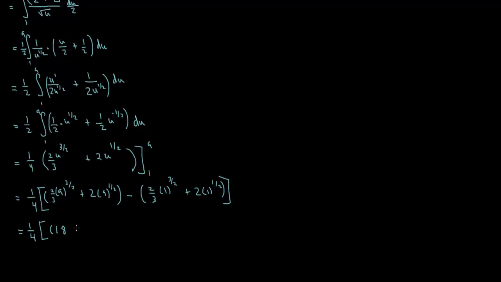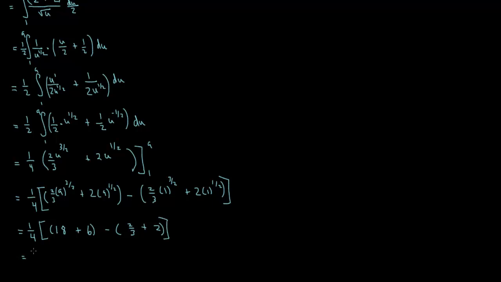So that's 18 plus, okay, 9 to the 1/2 power. That's the square root of 9. So 3 times 2 is 6. So 18 plus 6 minus, well, 1 raised to the 3/2 power is 1. So that's just 2/3. Plus, okay, the square root of 1 is just 1, so plus 2.